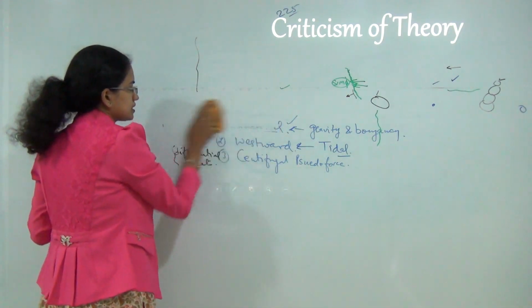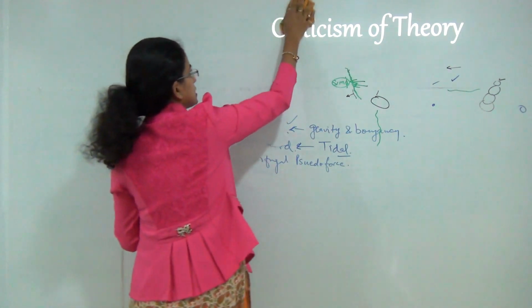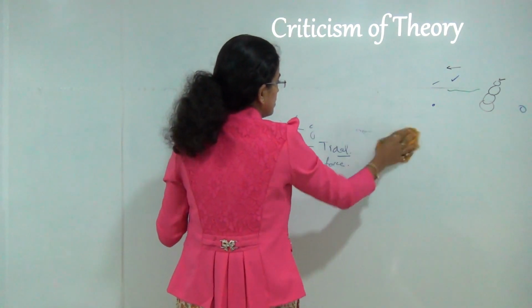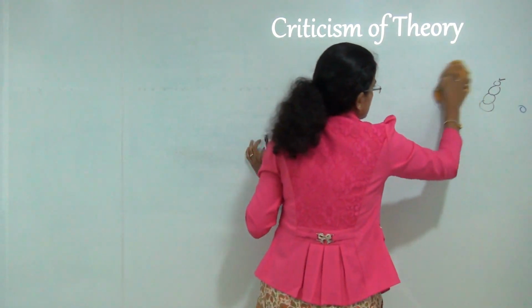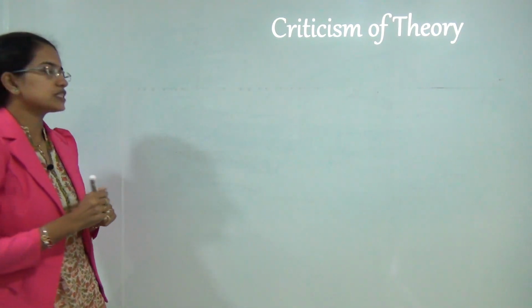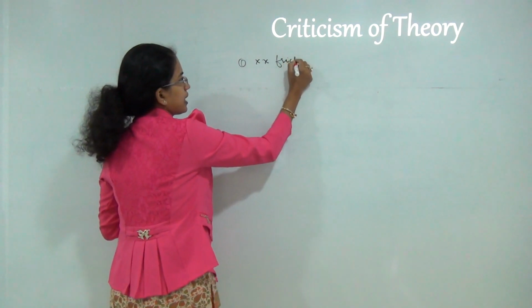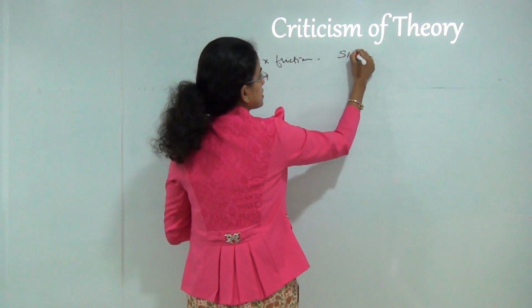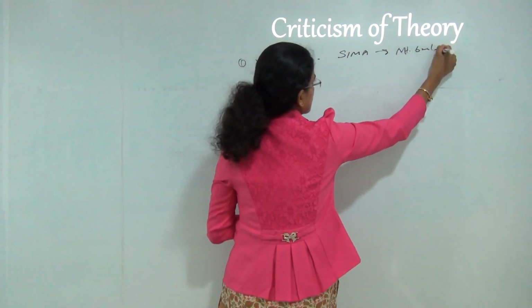So the first criticism was the criticism from his theory itself, which was a kind of controversial statement that he put up. So the first criticism was that if you are saying that Sial floats over Sima and there is no friction, you cannot say that Sima offers resistance and that led to the formation of mountain building.